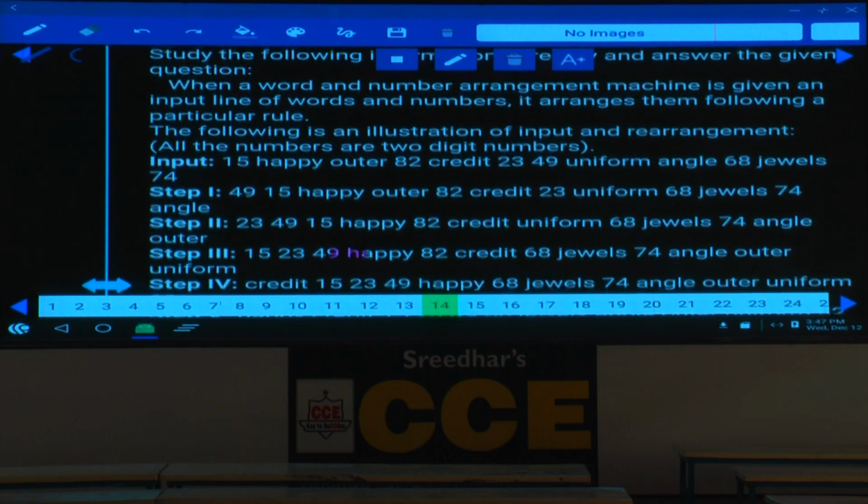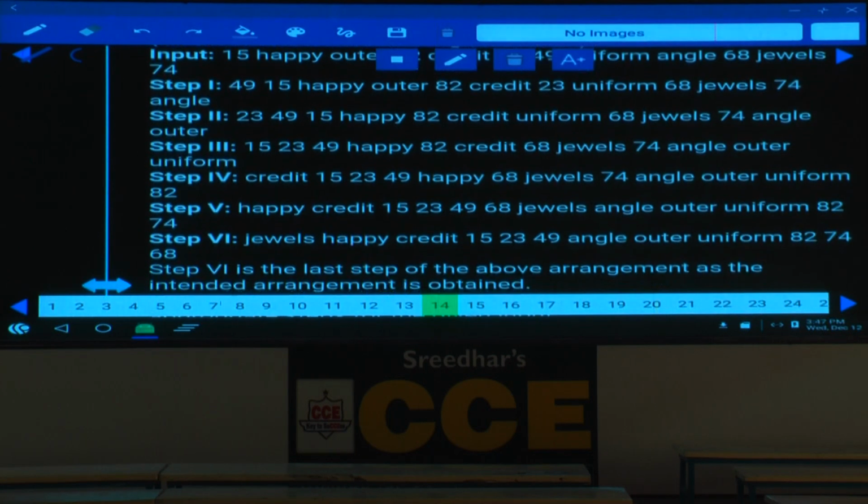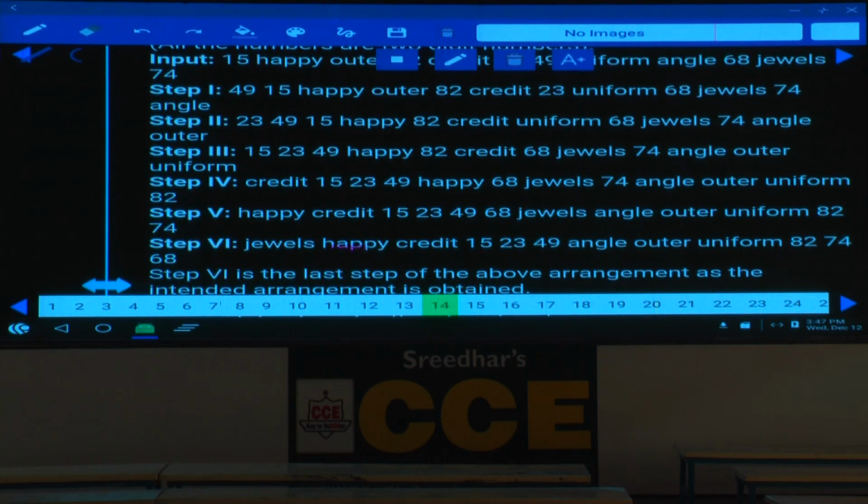Now in the input, how many elements are there? 3, 4, 5, 6, 7, 8, 9, 10, 11, 12 elements are there, followed by how many steps? We have some 6 steps, isn't it? That means 12 elements are there, 6 steps, which implies that in each step exactly 2 elements are being arranged.